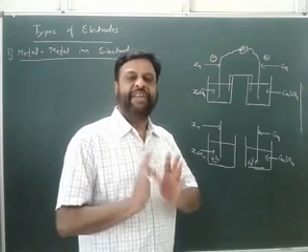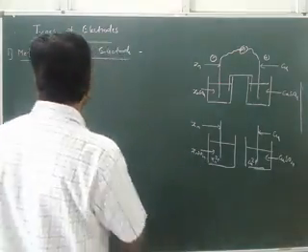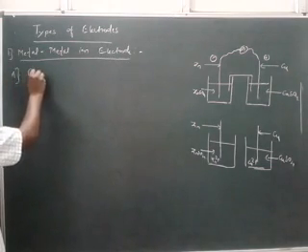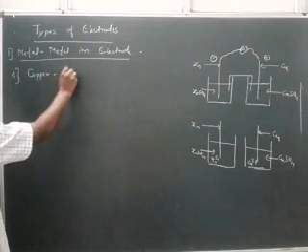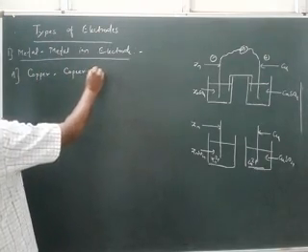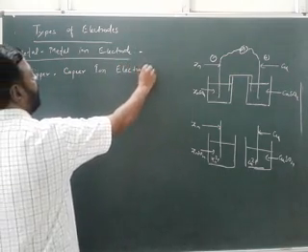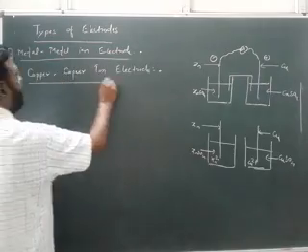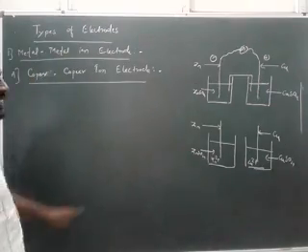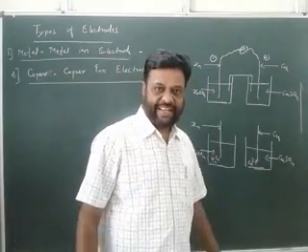All clear? So an example of the metal ion electrode, the first one, is the copper ion electrode. We see here copper is dipped into the solution containing its own ion, that is copper 2 plus.